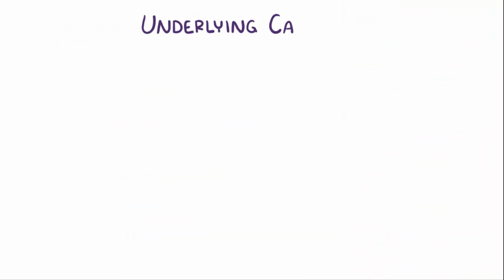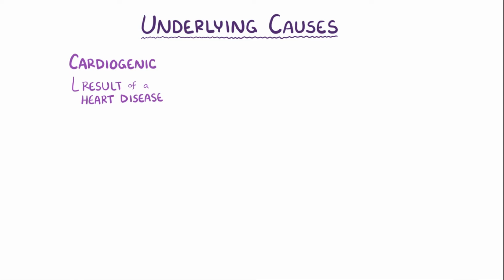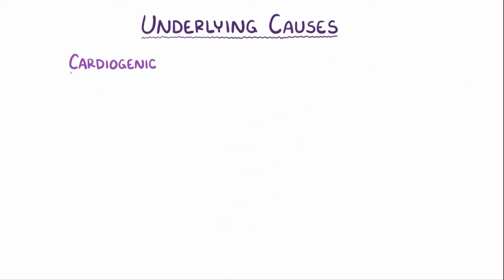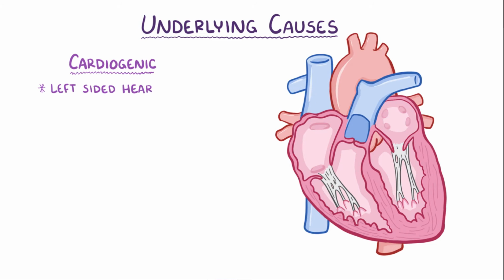Now, the underlying cause of pulmonary edema can be cardiogenic, meaning that it develops as a result of a heart disease, or it could be non-cardiogenic, which typically involves damage to the pulmonary capillaries or alveoli. The most common cardiogenic cause is left-sided heart failure.